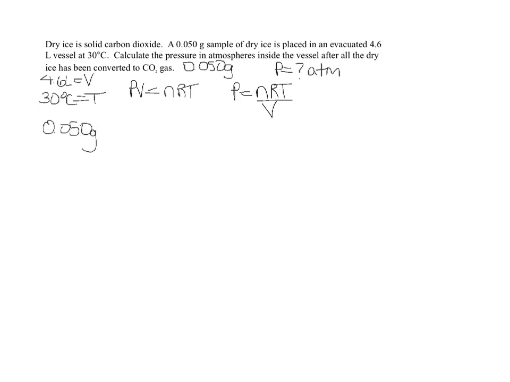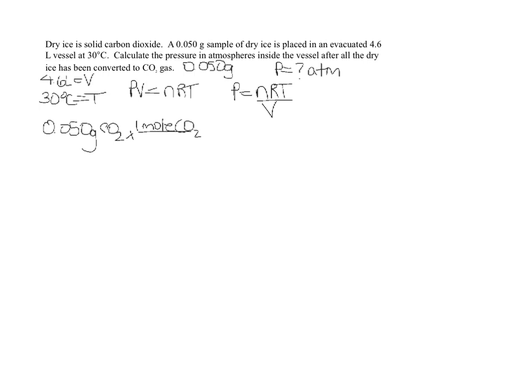0.050 grams of carbon dioxide. We want to convert this into moles. So 1 mole of carbon dioxide. Hopefully you have a periodic table handy. Carbon weighs approximately 12.01 grams per mole. Each oxygen, 16.00.